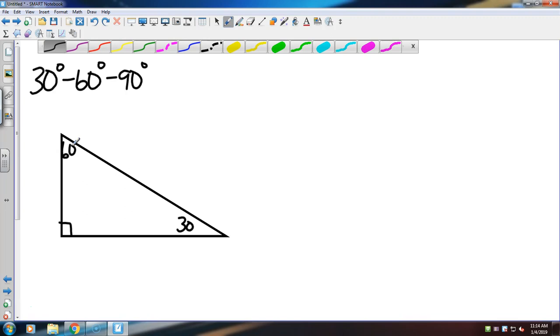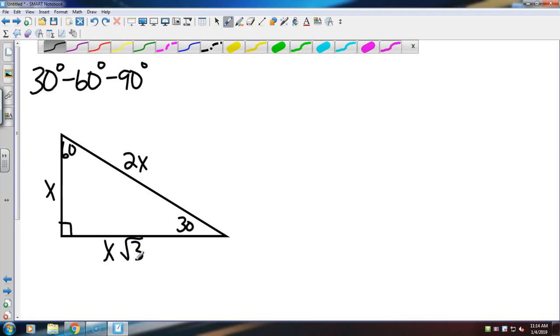And so in the 30, 60, 90, the easiest relationship is the smaller leg, which is here, that's our unknown, to the hypotenuse. The hypotenuse is 2 times as big as the smaller leg every time. And then the larger leg, I take the smaller leg and I multiply it by radical 3.